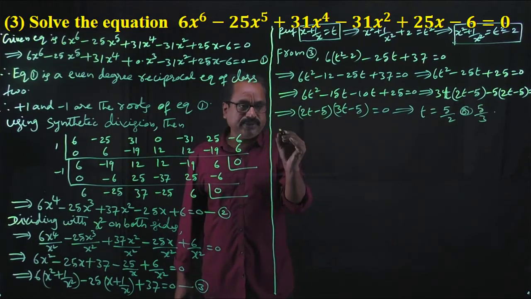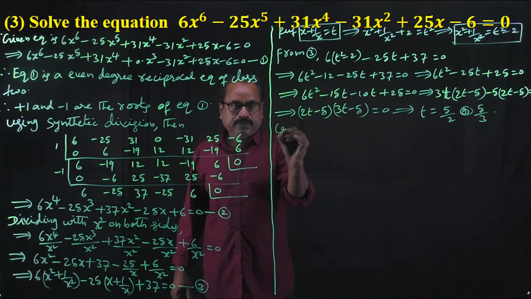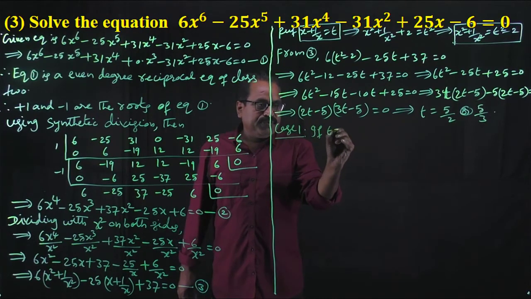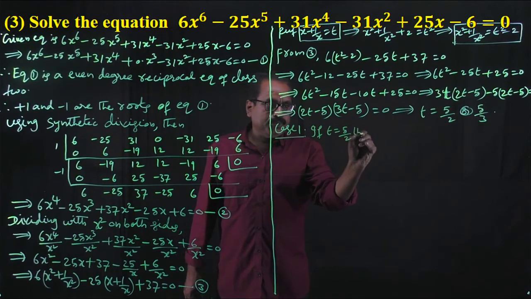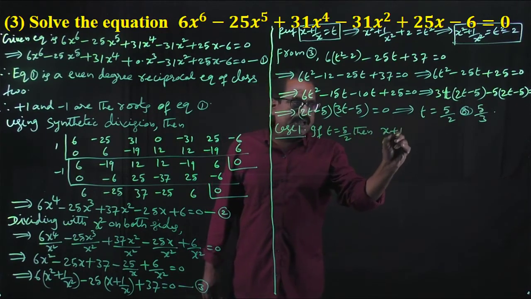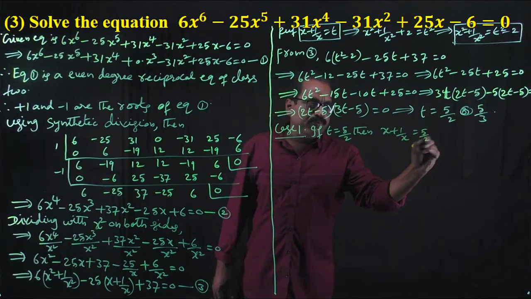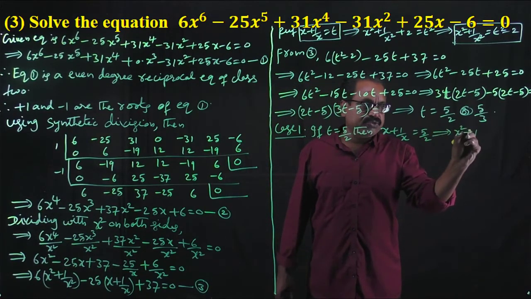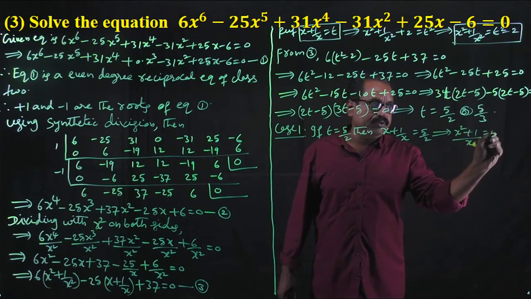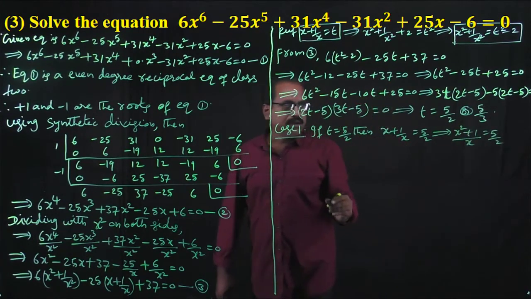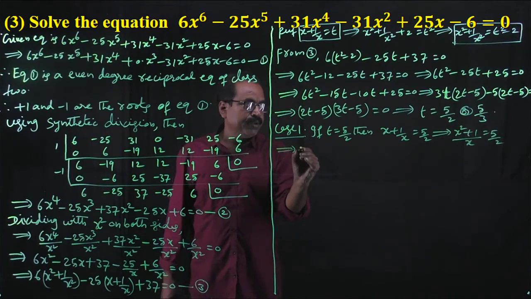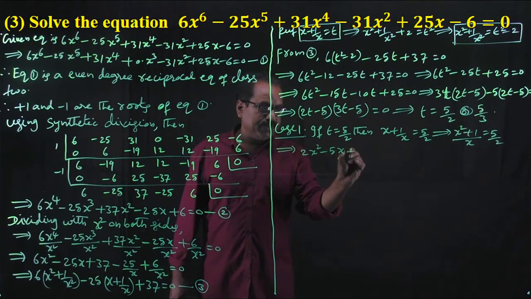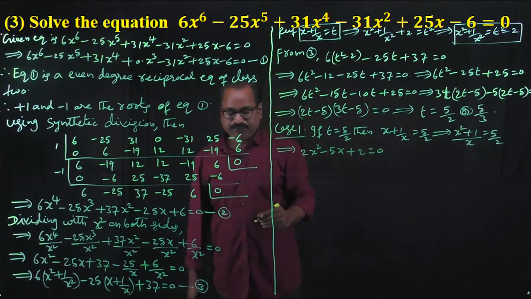Now case 1. If t is equal to 5 by 2, then x plus 1 by x is equal to 5 by 2. Now cross multiplication: 2x square minus 5x plus 2 is equal to 0.